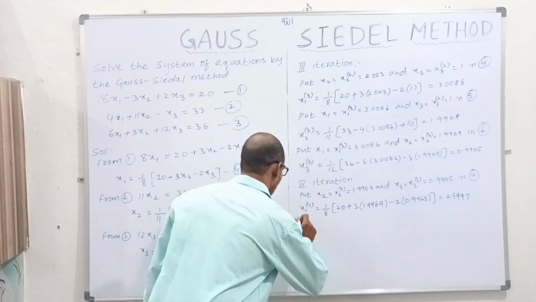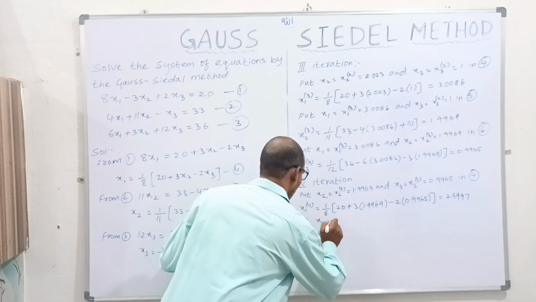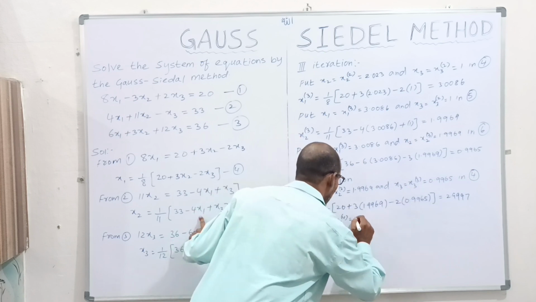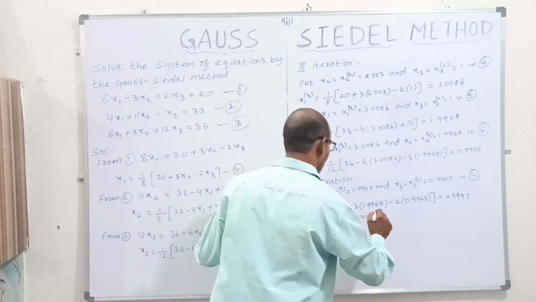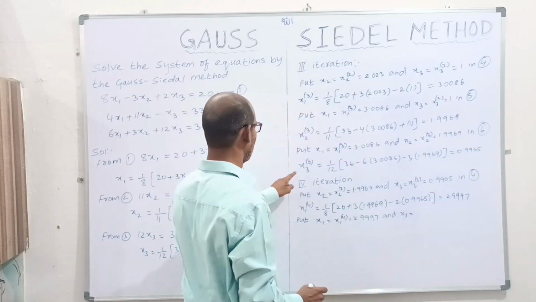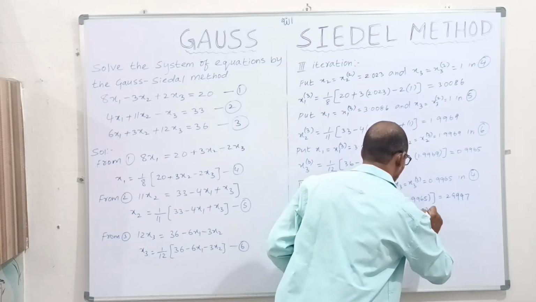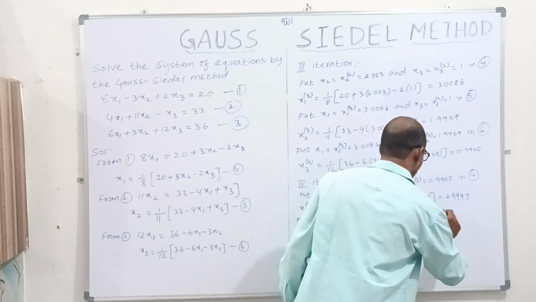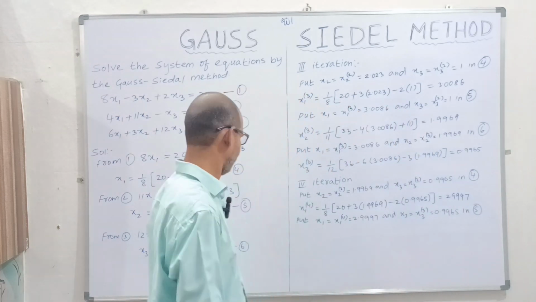Therefore put x1 equals the x1 value from the fourth iteration, that is 2.9997, and x3 equals the value obtained from the third iteration, that is 0.9965, in equation number 5.